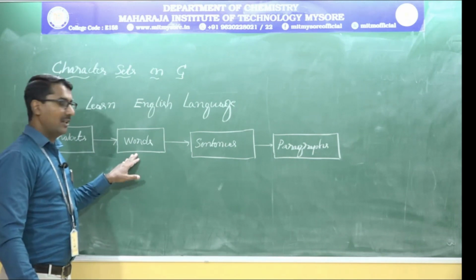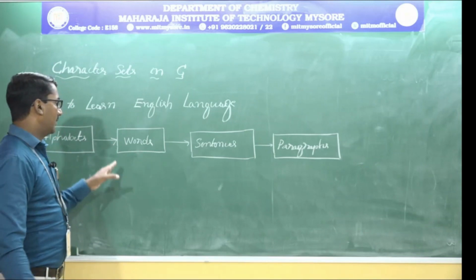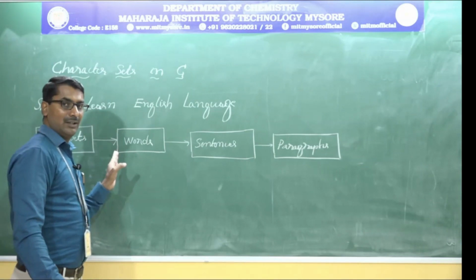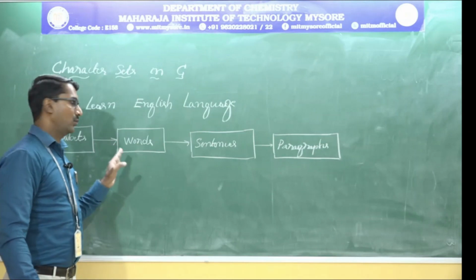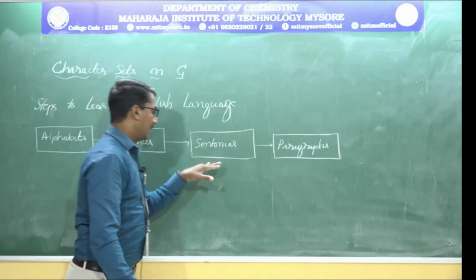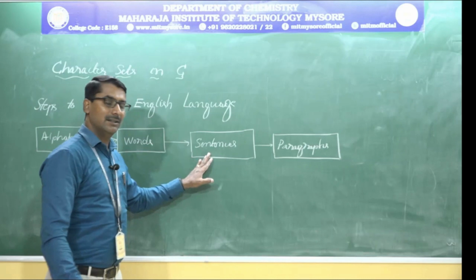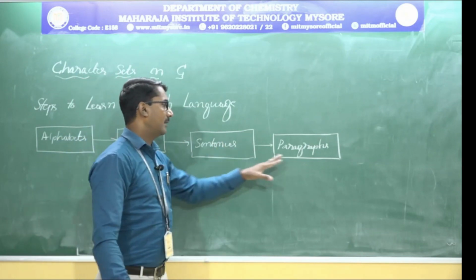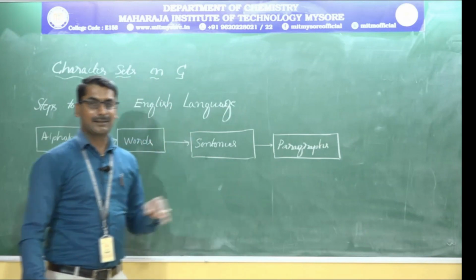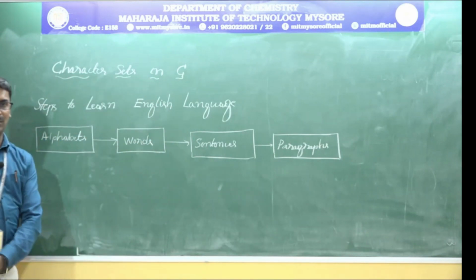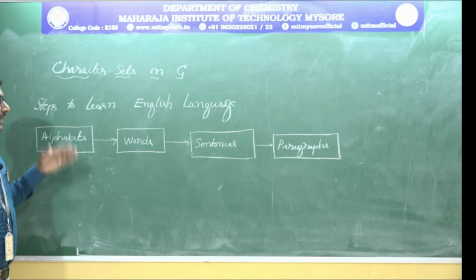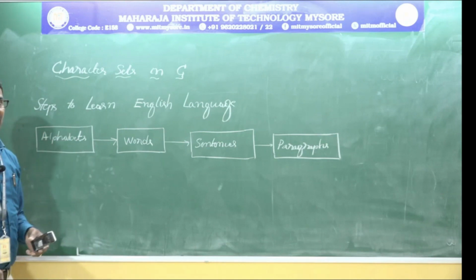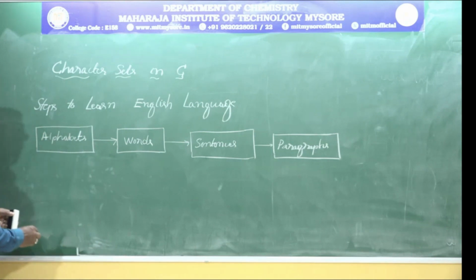Words are the combination of alphabets, and words must be meaningful. We need to know the meaning of each word. Then the collection of words is a sentence, and the sentence is also a meaningful sentence. Then the collection of sentences is a paragraph. These are the steps we need to follow to learn a new language like English.